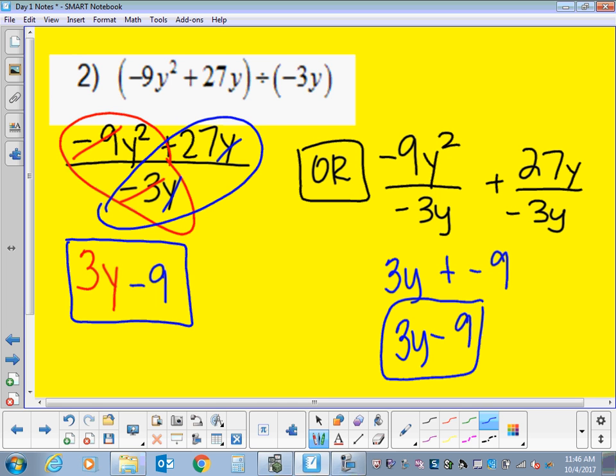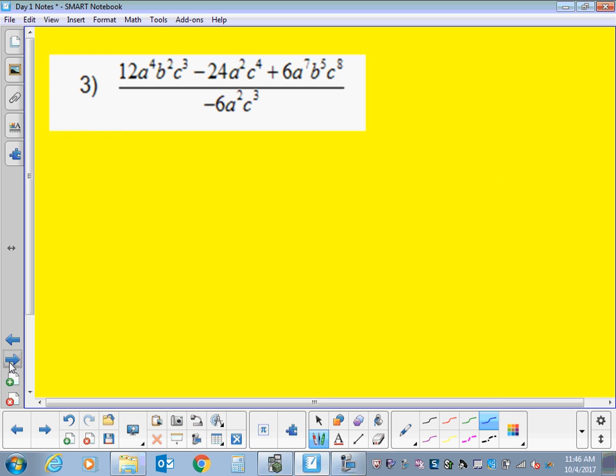All right. Now we have 12a to the 4th b to the 2nd c cubed minus 24a squared c to the 4th plus c a to the 7th b to the 5th c to the 8th, all of that divided by negative 6a squared c cubed.